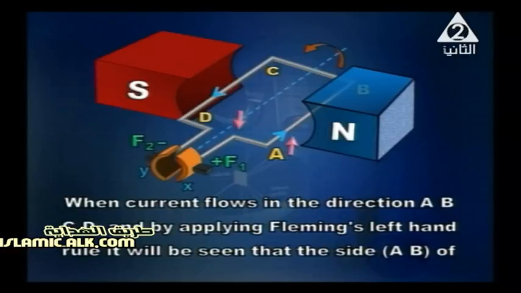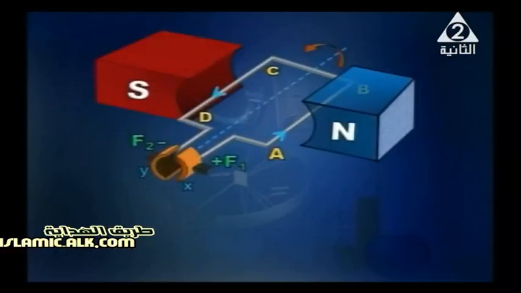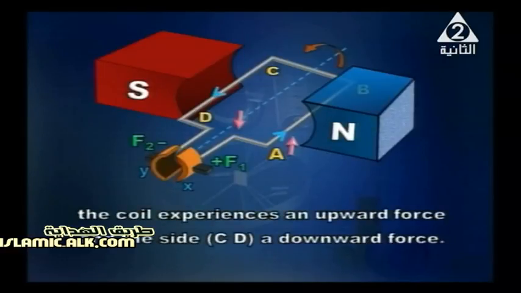And if we want to determine the direction of the force, all you have to do is to apply Fleming's left-hand rule. By applying Fleming's left-hand rule, it will be seen that side AB of the coil will be acted upon by an upward force, and side CD is acted upon by a downward force.